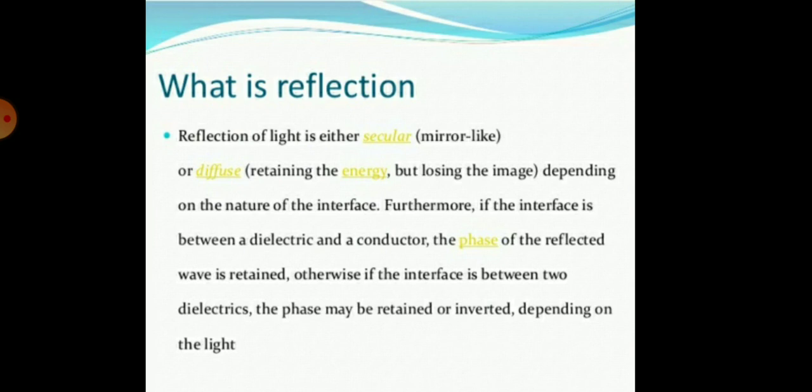Furthermore, if the interface is between a dielectric and a conductor, the phase of the reflected wave is retained. Otherwise, if the interface is between two dielectrics, the phase may be retained or inverted depending on the light.